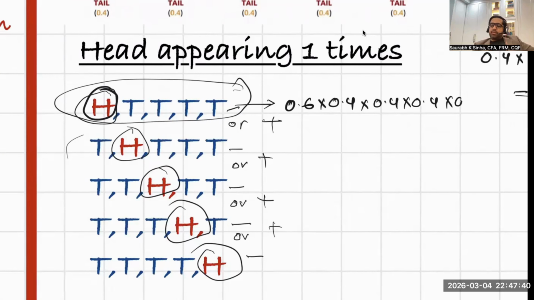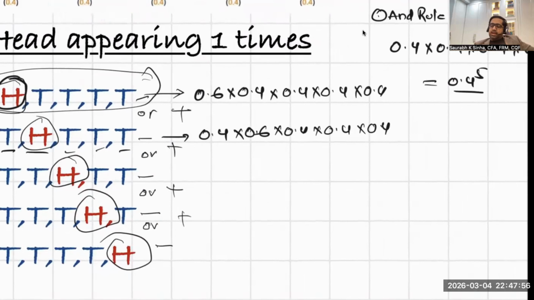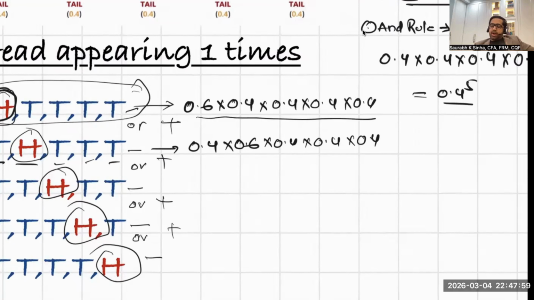What about this? It should be 0.4 for the tail, then 0.6 for the head, into 0.4 for the tails. Now, in each one of them, if you write it, you will always get 0.6 raised to the power 1 into 0.4 raised to the power 4. Let's try for the last one.